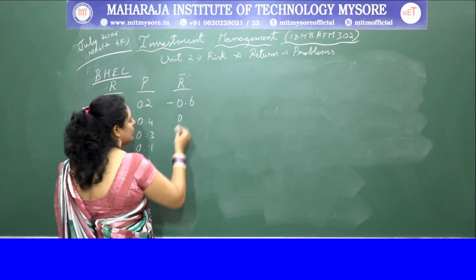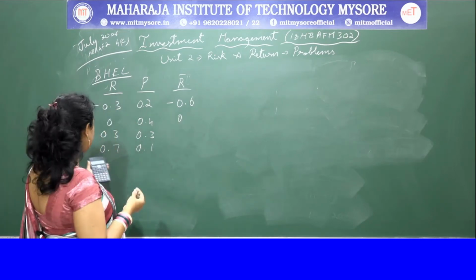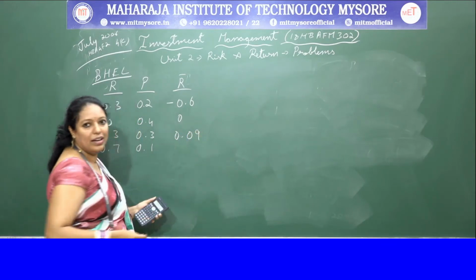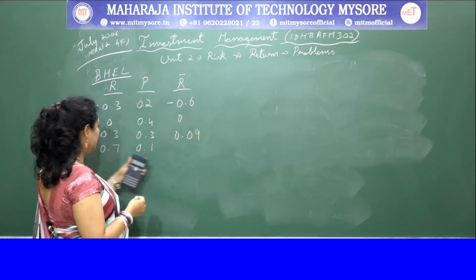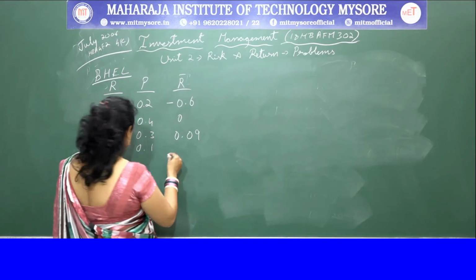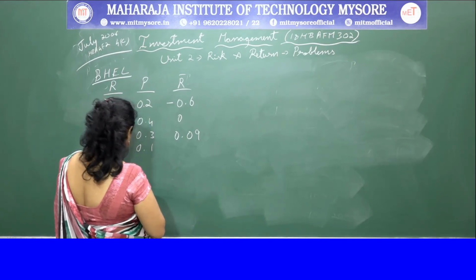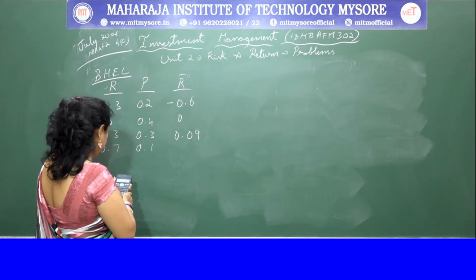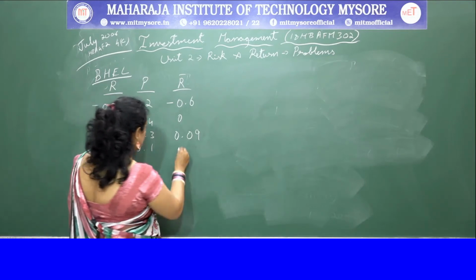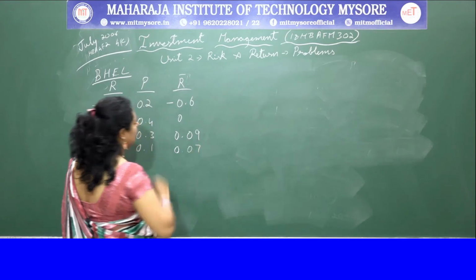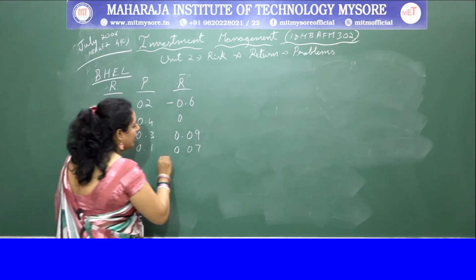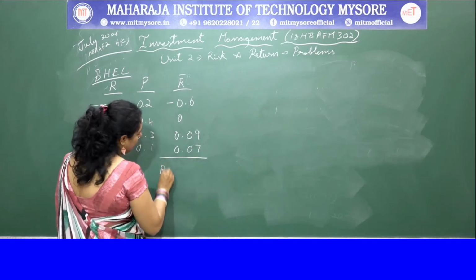Anything multiplied with 0 is 0. Then 0.3 into 0.3, 0.09. Then 0.7 into 0.1 is 0.07. This completes our R bar.